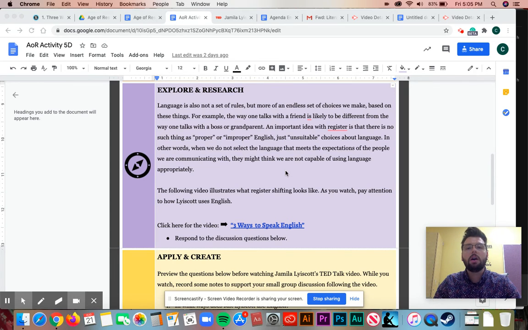However, there are unsuitable instances of language. If you cuss in front of your grandparents, you probably meant what you said, but it's not very suitable for the situation or for the audience, right? That's what we mean by register. So we need to be aware of this so that we are capable of using language appropriately.